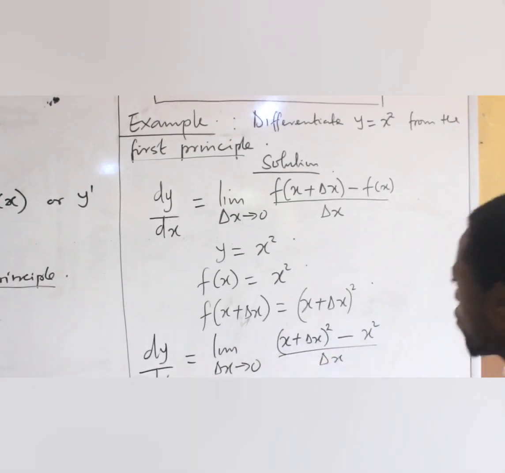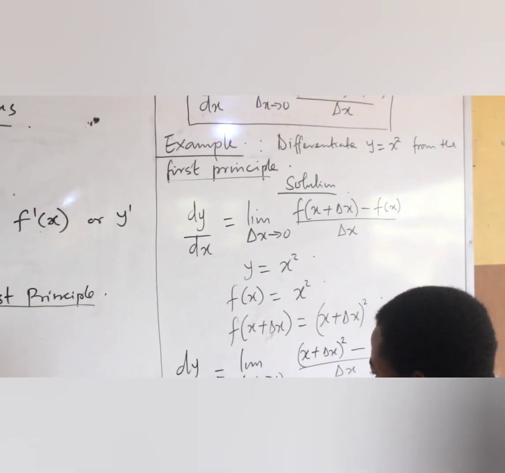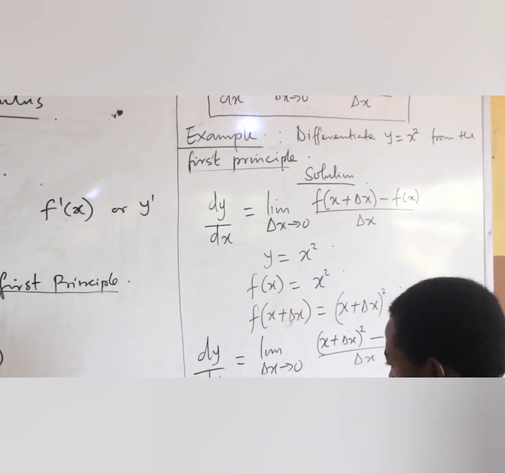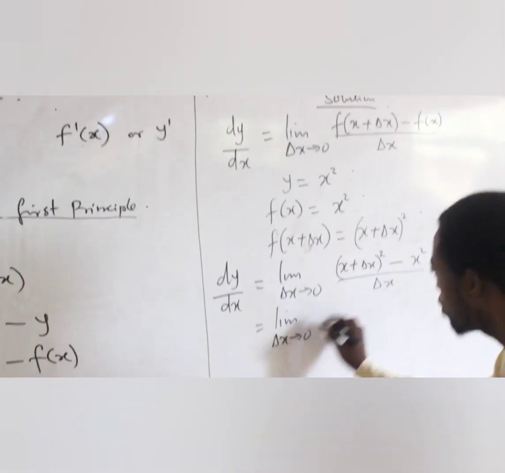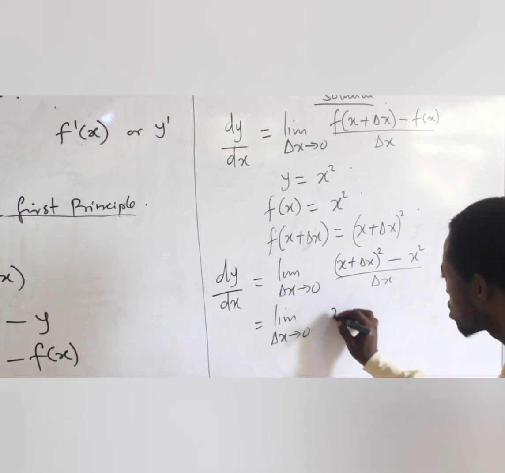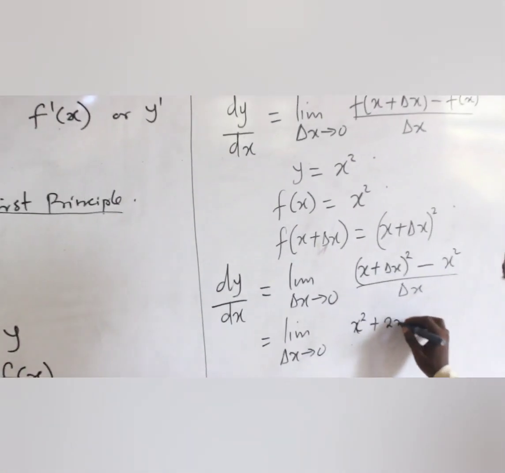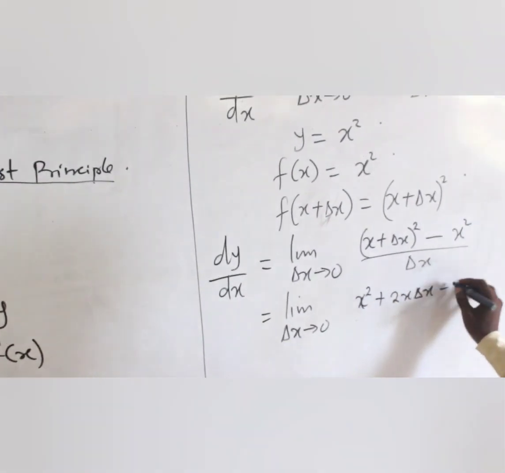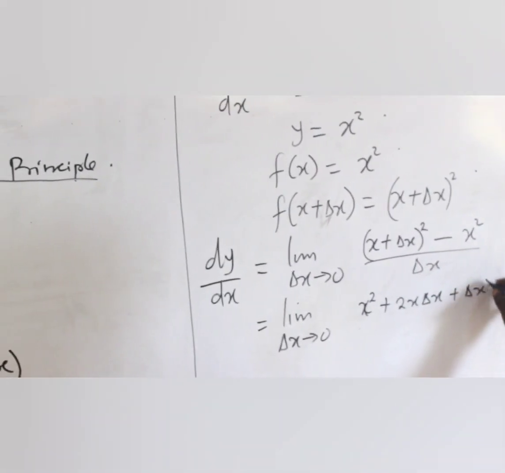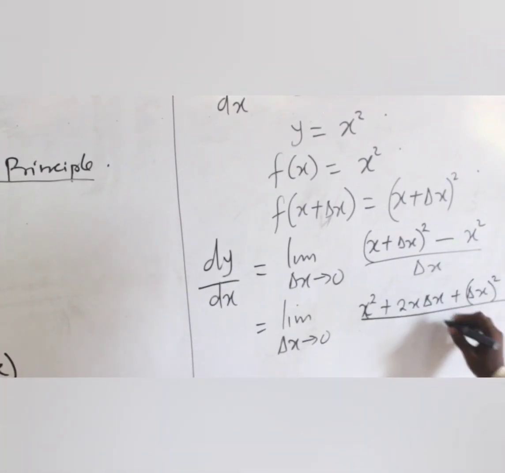So by the time we simplify what we have here, it will become limit as delta x tends to 0. When you expand this bracket, it becomes x squared plus 2x delta x plus delta x squared minus x squared all over delta x.